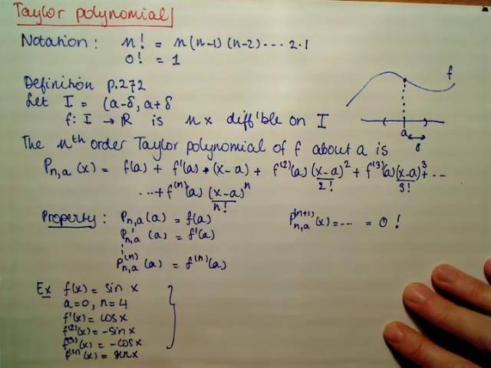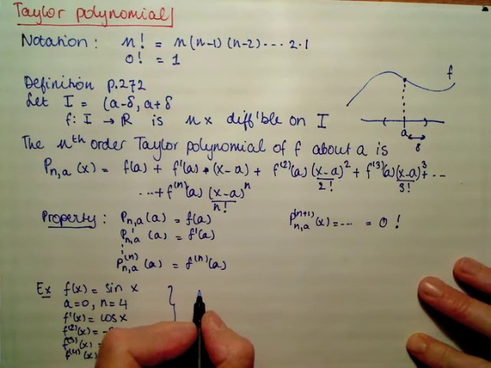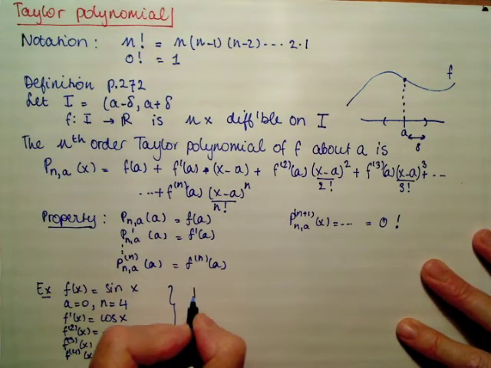So what do we get if we compute the fourth degree polynomial at base point a equals 0?